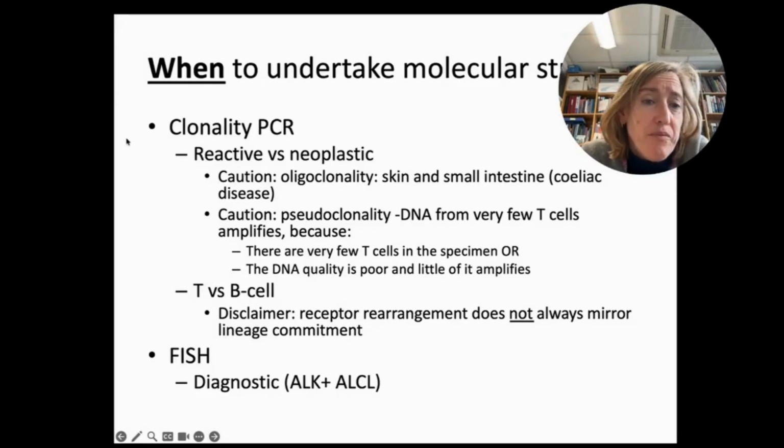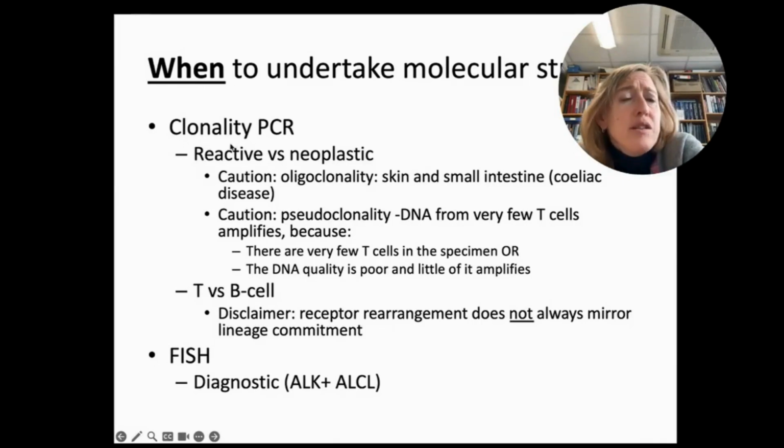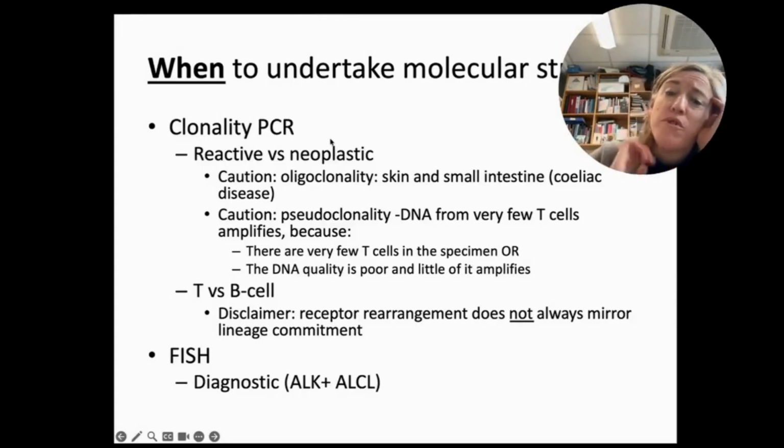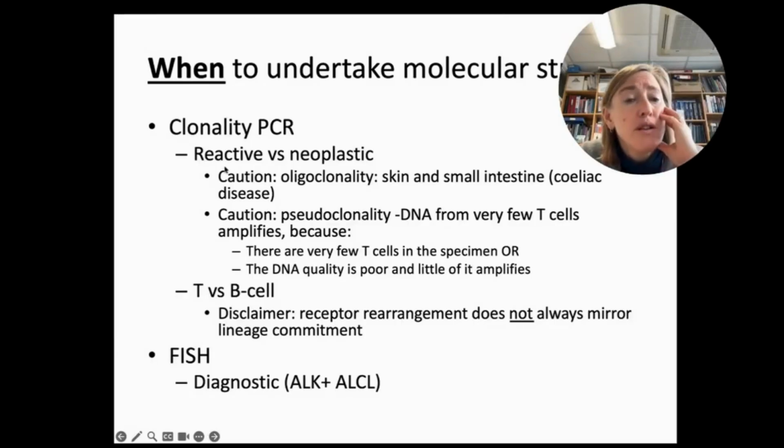wrong. You have to be careful with clonality testing because you can see something that looks a bit like clonality in skin and also in the small intestine in celiac disease, which is obviously more common in northwestern Europe than it is elsewhere. And also you can see something that might look as if it's clonal if the DNA that you've managed to amplify has come from a very small number of T cells, either because there weren't many T cells in the specimen to start with, or because the quality of the DNA was poor and not very much of it amplified.